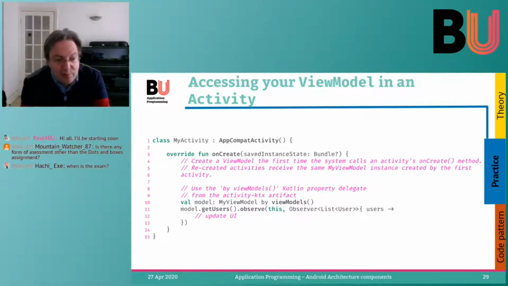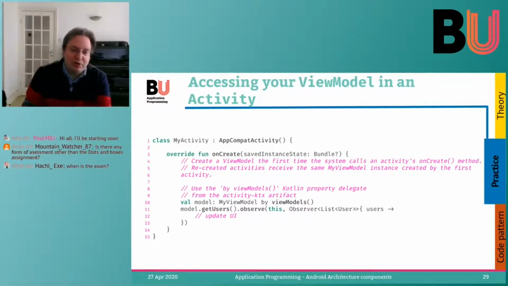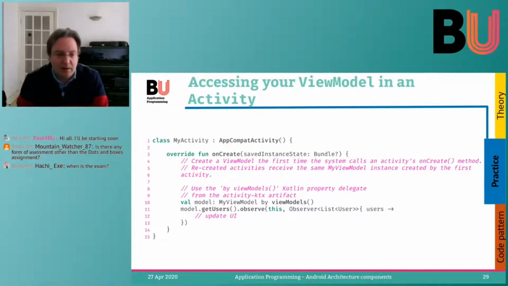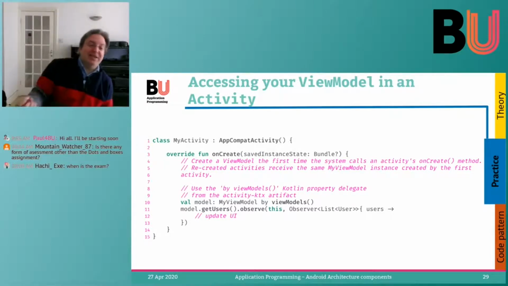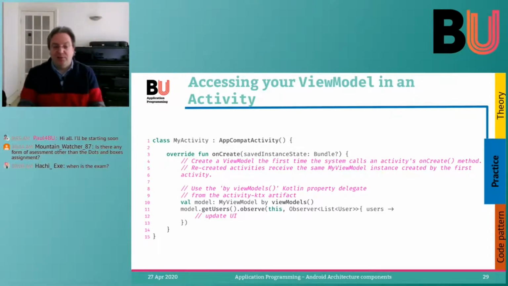So when we have the model, we can then get the users, and then we observe it with this lambda. This is a typed lambda because view models are designed in Java, and it uses the single abstract method thing. This particular syntax will create a lambda implementation that also implements Observer of a list of users.